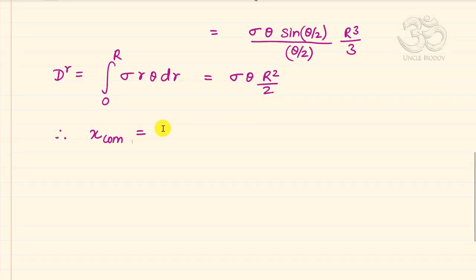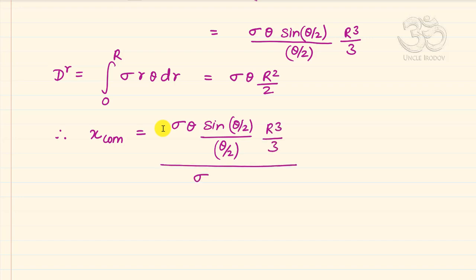Okay, let me just rewrite everything. Sigma theta sine theta by 2 divided by theta by 2 times r cube by 3, this is the numerator, all that divided by sigma theta r square by 2. And what am I going to get? Sigma cancels out, theta cancels out, you have r cube going with r square here, and 1 r will be left in the numerator.